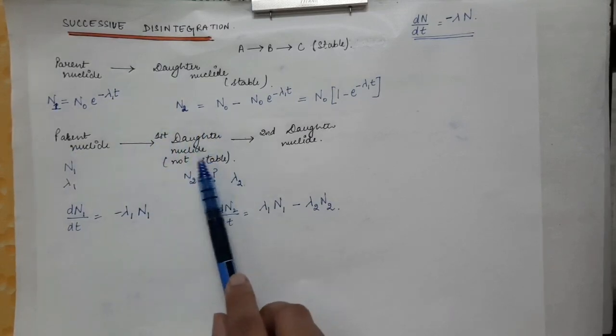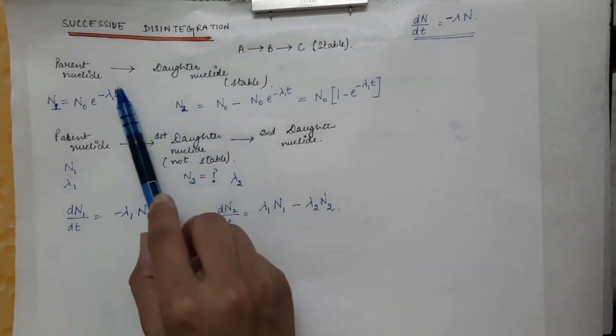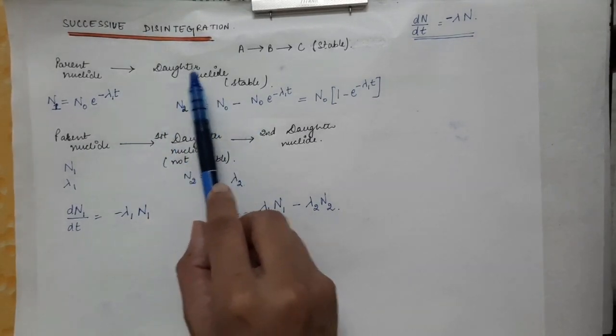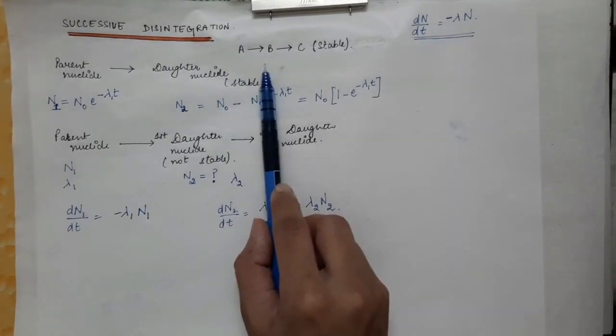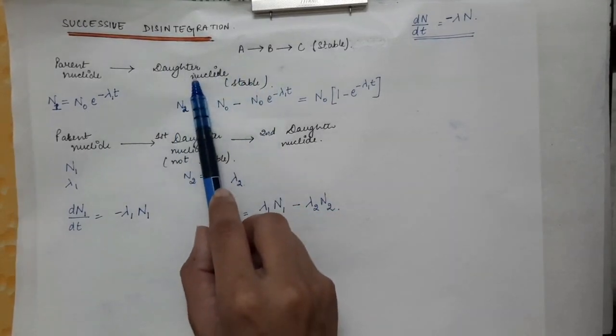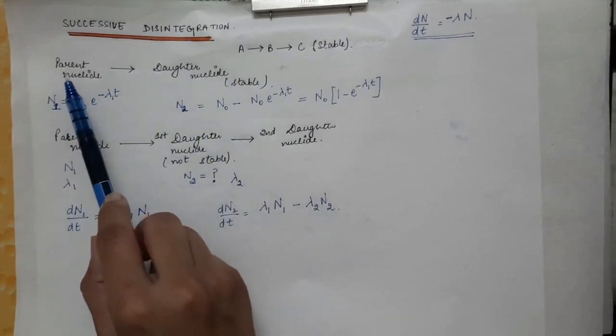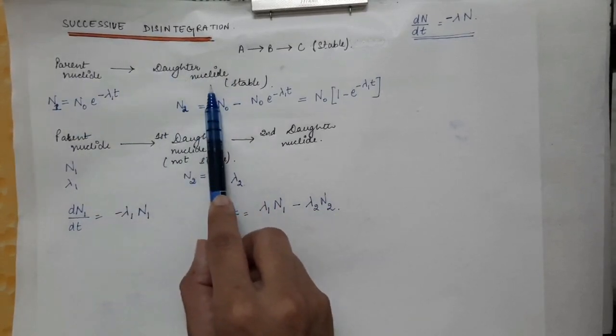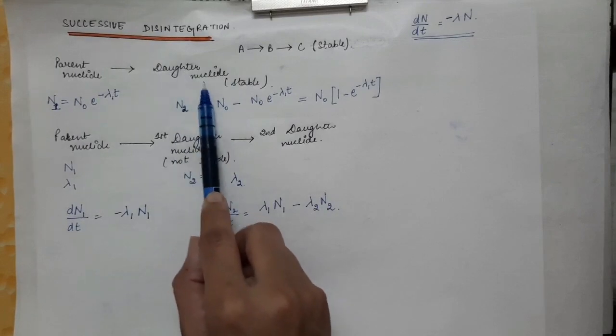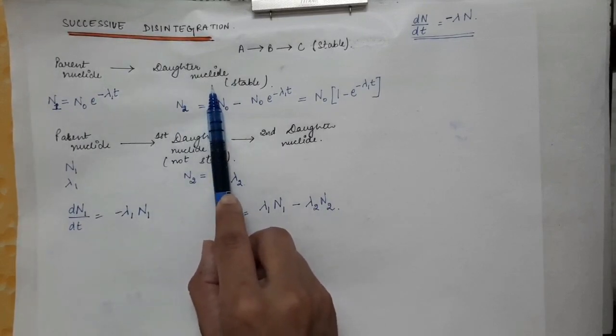So in the case when the daughter nuclei is completely stable, the number of daughter nuclei at that time will be equal to 500, because 500 parent nuclei have decayed to daughter nuclei. So at that time 500 daughter nuclides will be present in the sample.